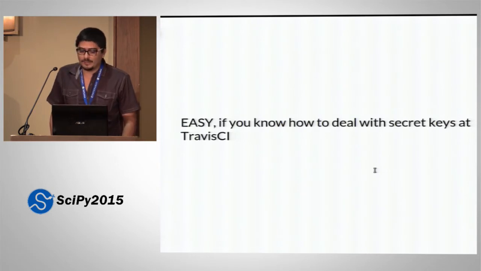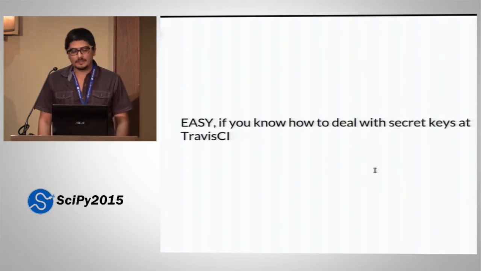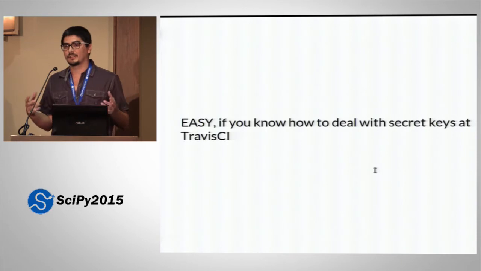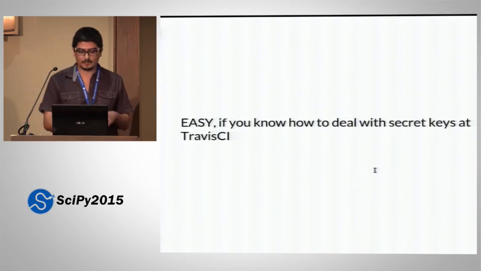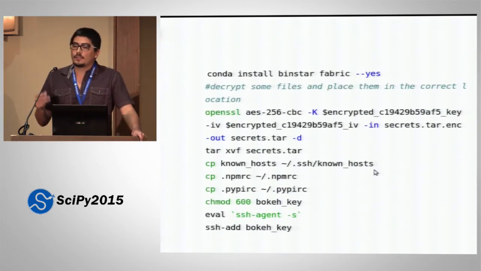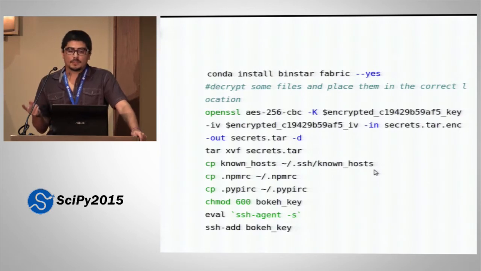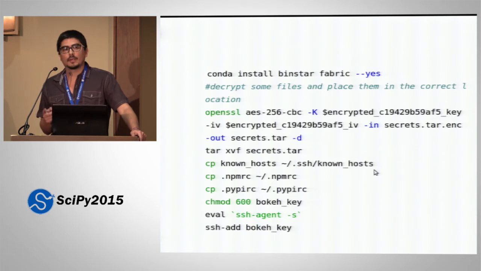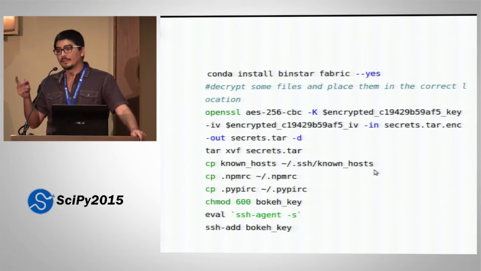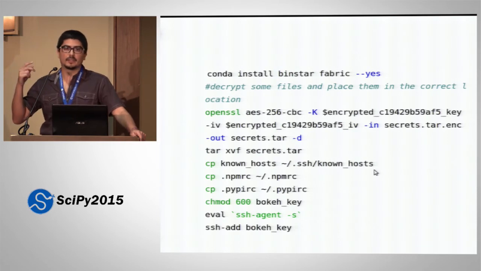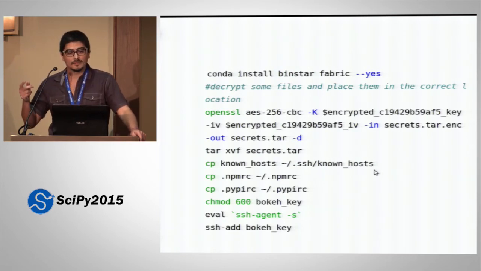As I said before, that is relatively easy if you know how to deal with secret keys inside the Travis CI platform. Essentially, you have two ways to work with secret keys in the Travis CI platform. The first one involves working with encrypted files, and the second one with encrypted environment variables.